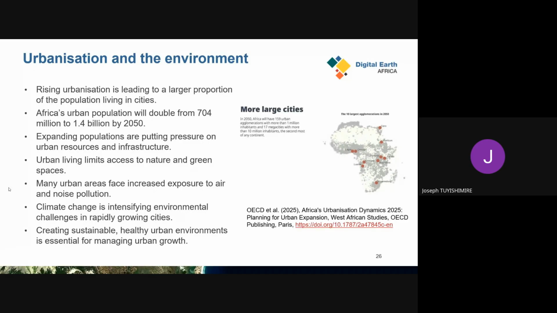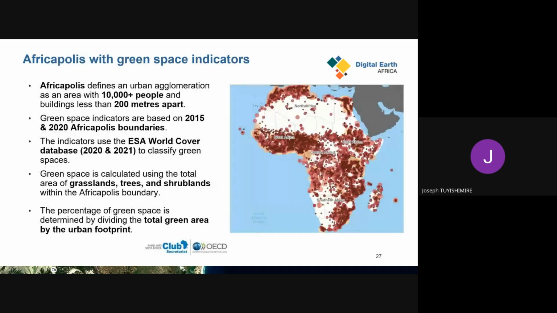That's why, in collaboration with the OECD, we try to develop this model that helps us understand urban growth. It's the Africa Polis data that defines agglomerations as areas with more than 10,000 people, with buildings that should be closer, within less than 200 meters.